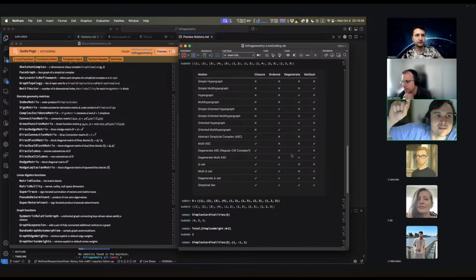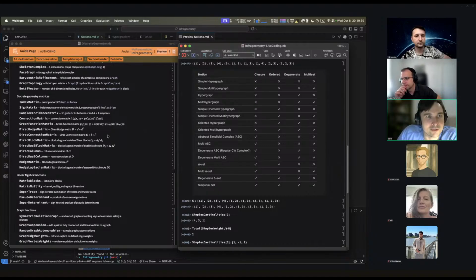The zeroth boundary map gives the 0th boundary, the first boundary map the second boundary, and so on. In algebraic topology, you normally define the boundary operator as the alternating sum of the del i of these boundary operators. And this Hodge matrix is the transpose of this boundary operator.